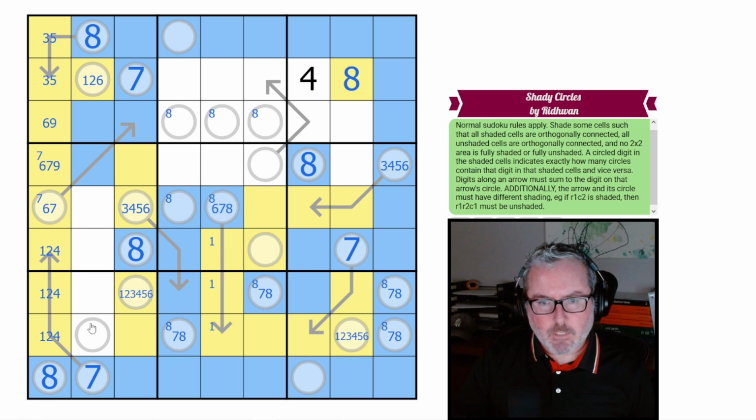Yeah, we can rule out 8 and 7, I think, from all of the yellow circles. I think. Because where can we put them?